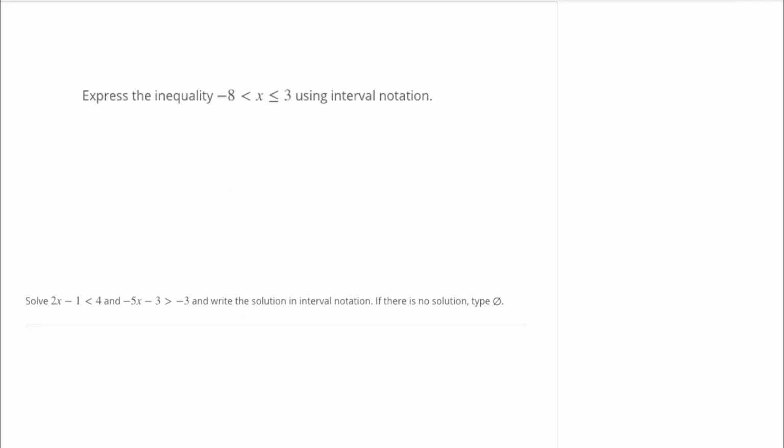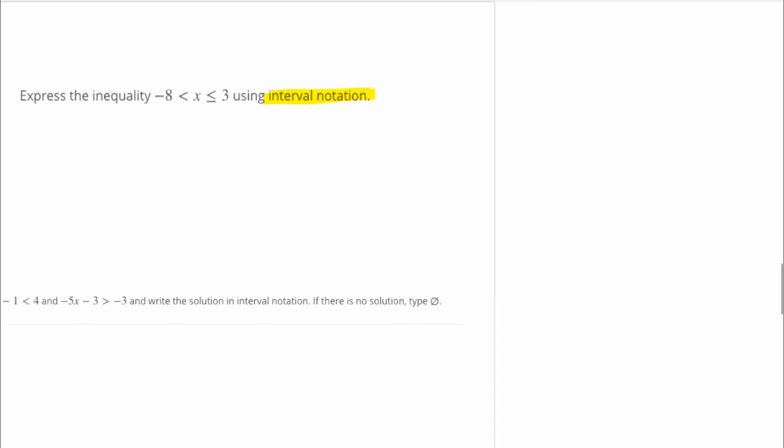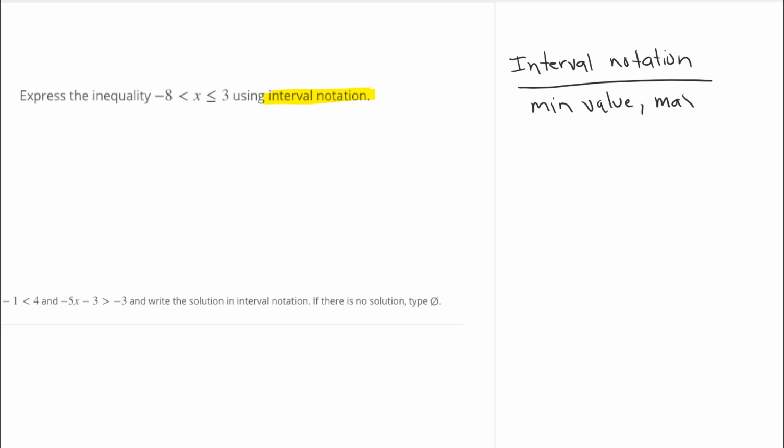So for my next problem, it states, express the inequality -8 is less than x less than or equal to 3 using interval notation. So the key word here is interval notation. So just a little side note, whenever you're thinking about your interval notation, you're always going to be finding the minimum value and your maximum value.